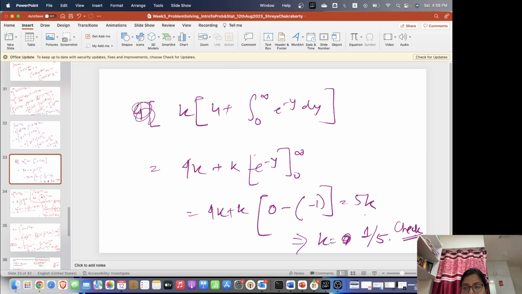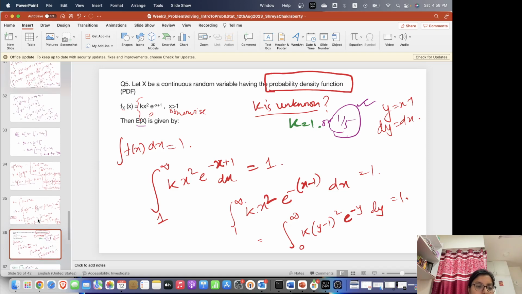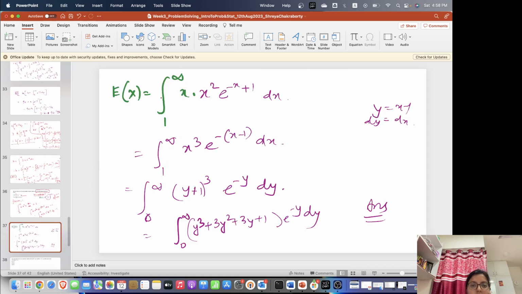So we have to check. K is equal to 1 or 1 by 5. I think this is the correct thing. Once we have this, in order to find out the expectation, we just have to replace k with 1 by 5 and then proceed accordingly to get the answer.